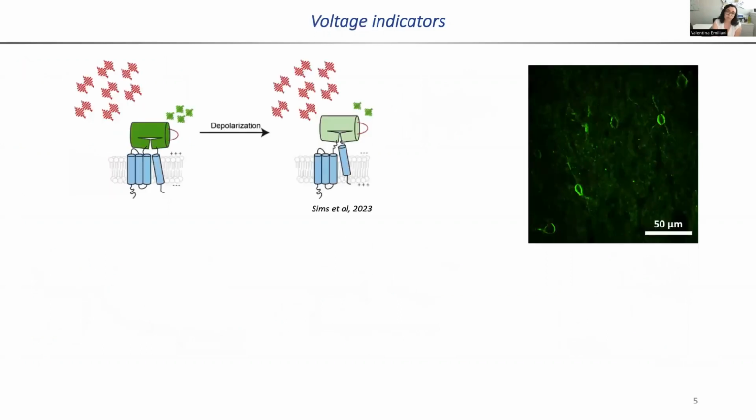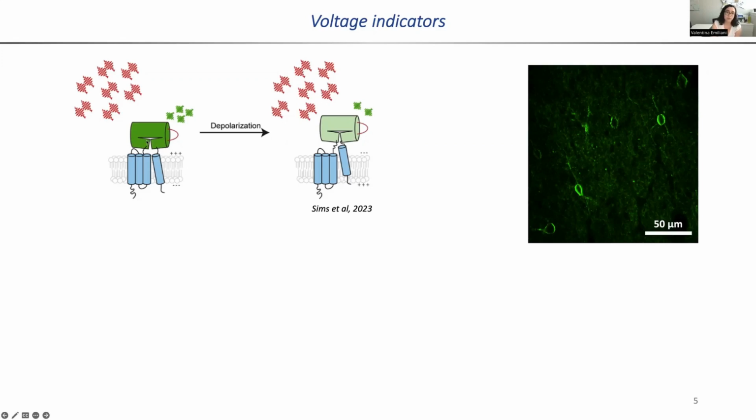So if you want to be able to record fast trains of action potentials or also some subthreshold activity, you need to basically use voltage indicators. These indicators are actually direct reporters of the activity. They rely on a voltage sensing domain that has to be located in the plasma membrane of the neuron.